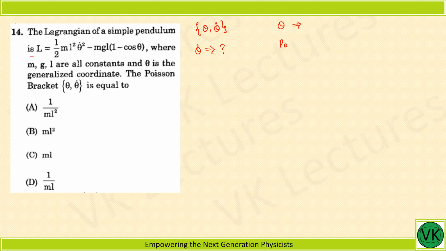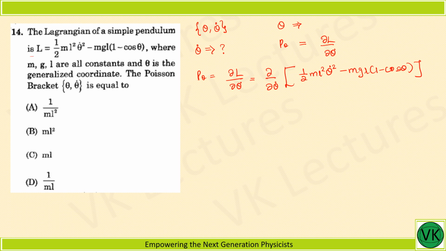p theta is equal to dou L by dou theta dot, which is dou by dou theta dot of the Lagrangian. What is the Lagrangian? Half m l squared theta dot squared minus m g l into 1 minus cos theta.